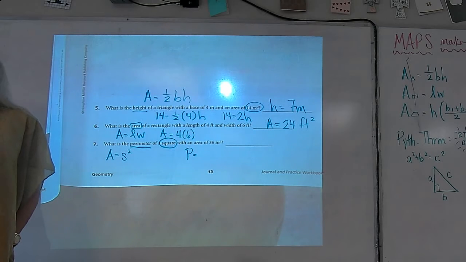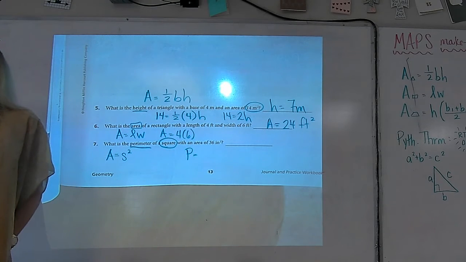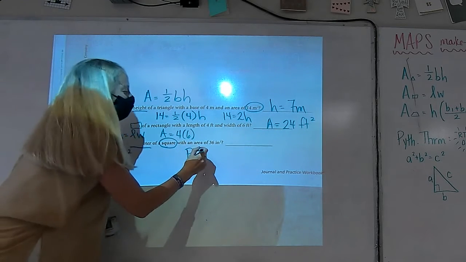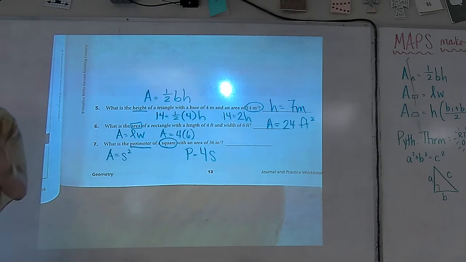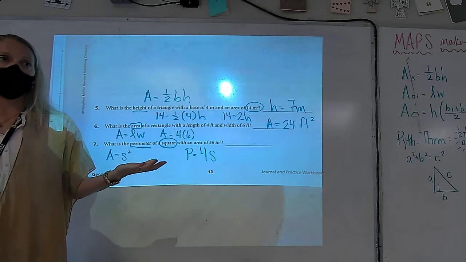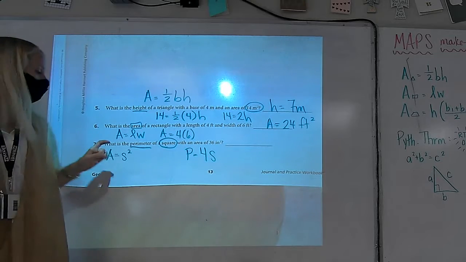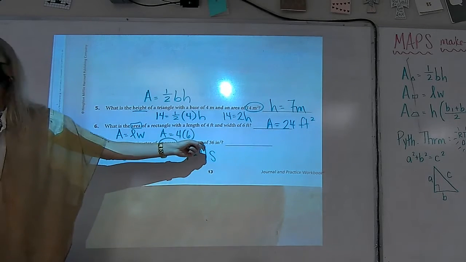Don't think of numbers, just a generic formula for the perimeter of a square. Thank you. 4 sides. Does that make sense? Because Patrick told us it's side plus side plus side plus side. Wasn't that 4S? We good there? Okay, so what you did really well is said, okay, we have a perimeter problem and it gives us area.